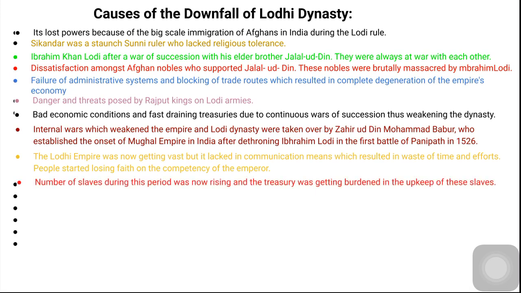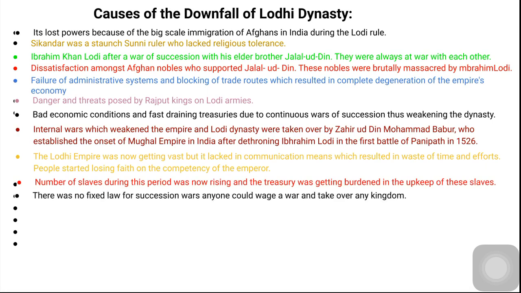Then the number of slaves during this period was rising, and the treasury was getting burdened in the upkeep of these slaves. Then the other cause is there was no fixed law for succession wars. Anyone could wage a war and take over any kingdom.